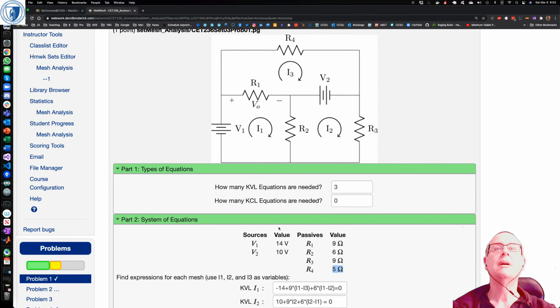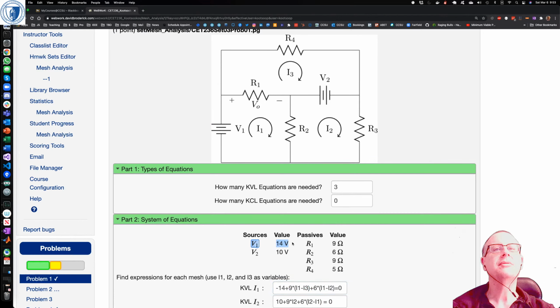Okay, so for I1 it's going minus 14 volts plus VR1. VR1 is R1, which is 9 times I1 minus I3, right? And then VR2, and this is sort of answering the question we had earlier, right? The only variables in this question are the currents.